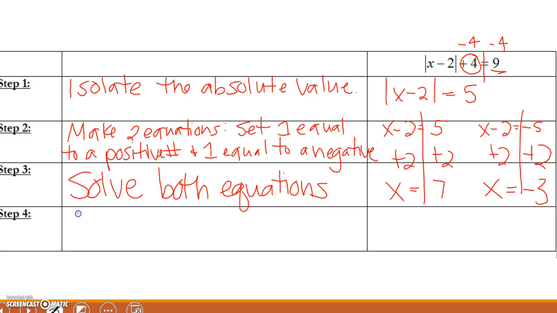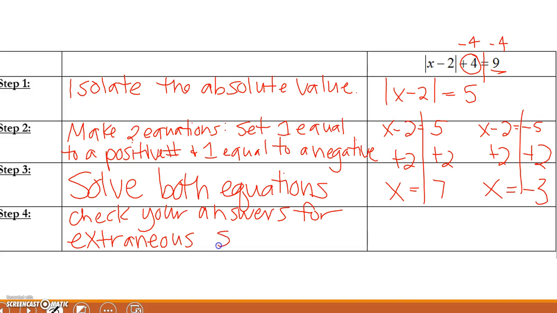The last step is you have to check your answers for something called extraneous solutions. What an extraneous solution is, it's a solution that appears correct but isn't after you go and check it.